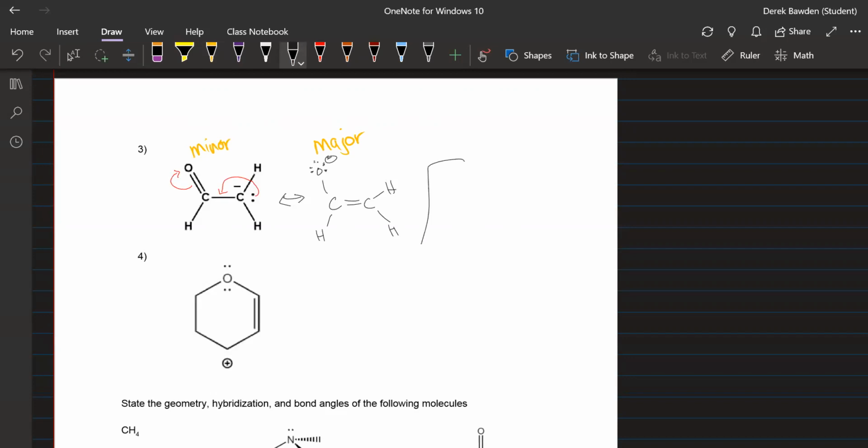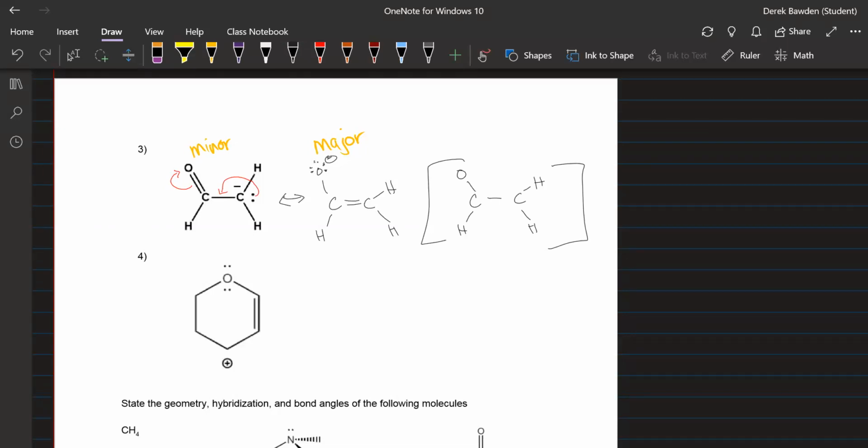So now we need to draw our hybrid. We've got carbon, hydrogens, oxygen. Okay. Do we need to put a lone pair right here? No. No, right? Because at one point we have carbon that does not have any lone pairs. Okay, so no lone pair there.